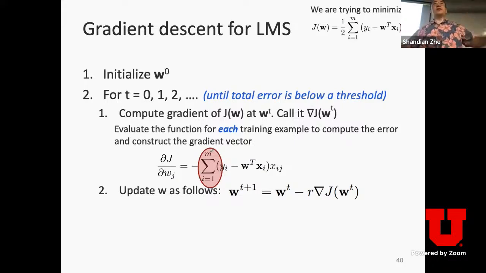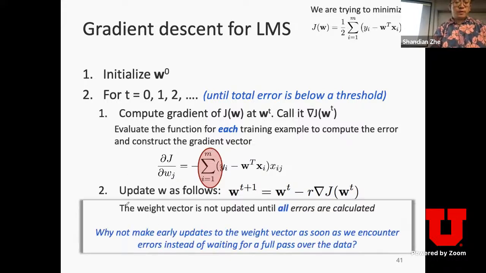But what if your data set is super big? Suppose you have 1 billion training examples, which is not uncommon in today's applications. That means even to perform one single gradient descent step, you have to pass through the whole 1 billion training examples. Then this will be very, very expensive.